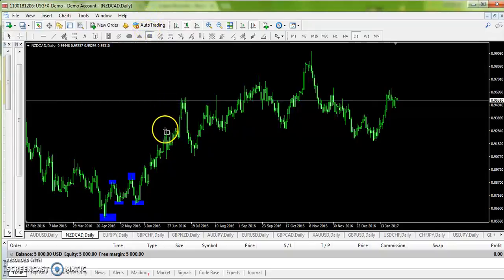So this is altogether higher high and higher low, higher high, higher low, higher high, higher low. This is the higher low, again higher high.